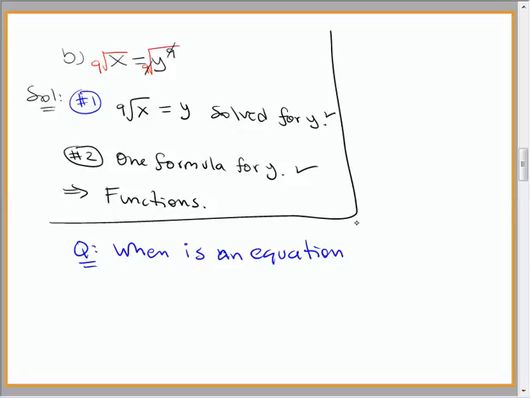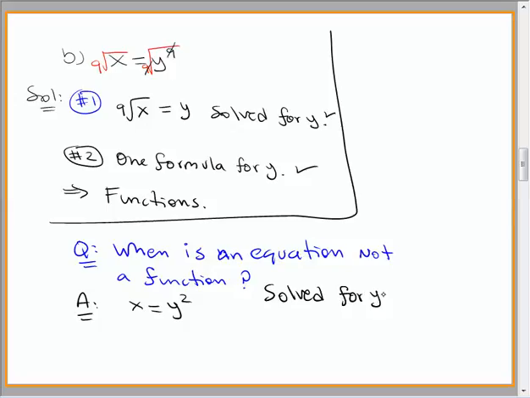If you look at the equation x equals y to the power 2, and we solve for y, we can do so by applying the square root, but we remember that when you apply an even root, like a square root, the fourth root, the sixth root, we have to use the plus and the minus.